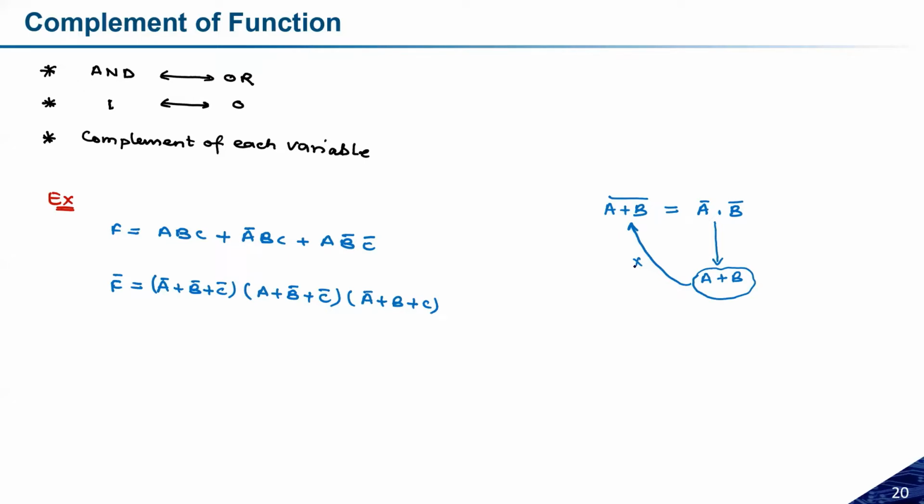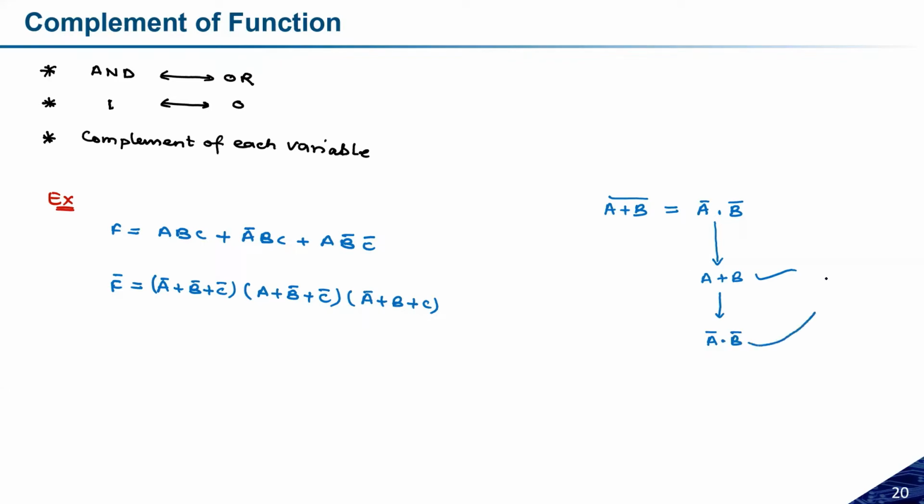What if we find the complement again, the complement of the complement? Let me repeat. This is the expression we got after complementing, after applying this formula. Now if I am again finding the complement of this one, it would be a bar dot b bar.